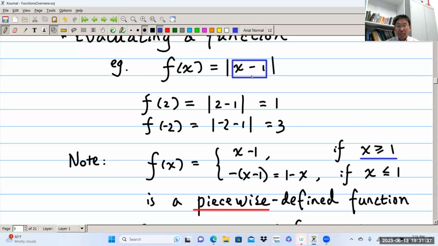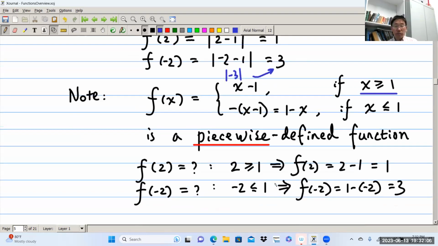However, if this expression x minus 1 is negative, for example the absolute value of negative 3 becomes positive 3. So if x minus 1 is negative, or say x is less than 1, then f of x is equal to the opposite of this expression, so it's the negative of x minus 1, which is 1 minus x.